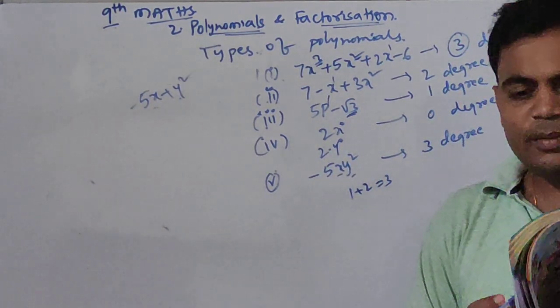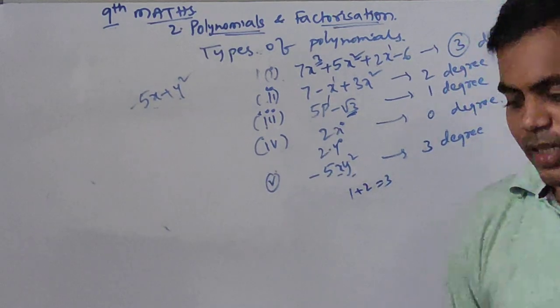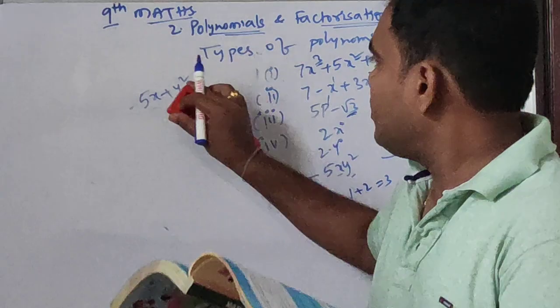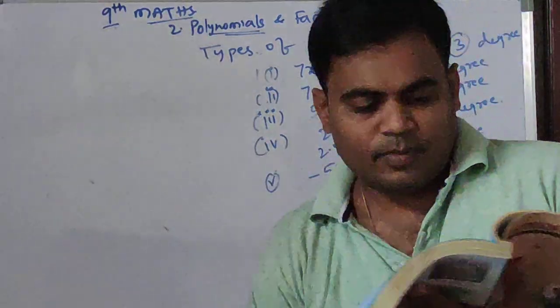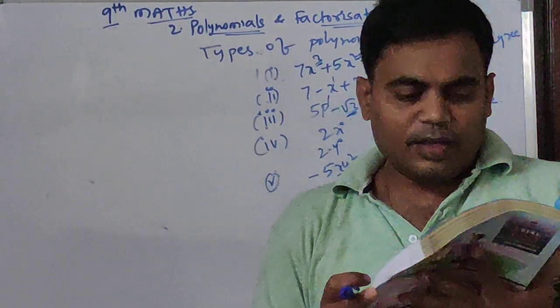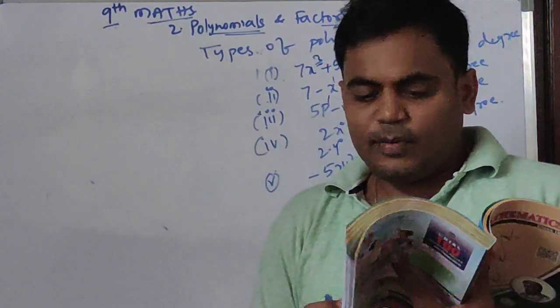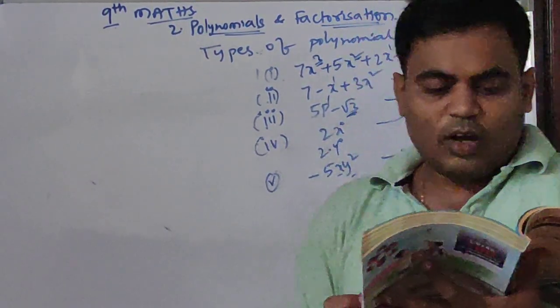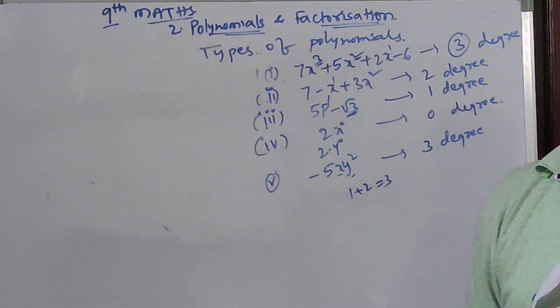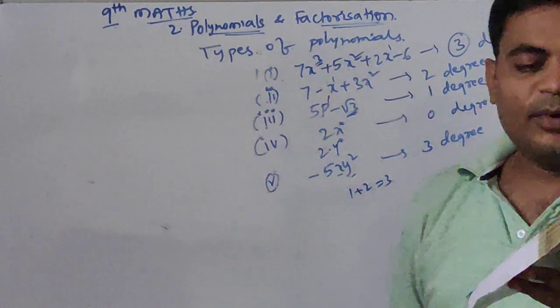Next, page number 31. Open page number 31. How many terms can a cubic polynomial with one variable have?